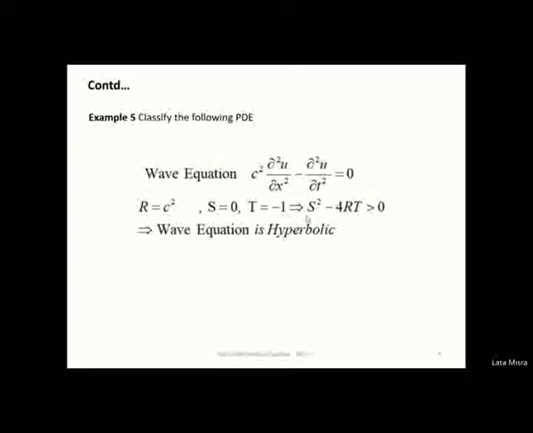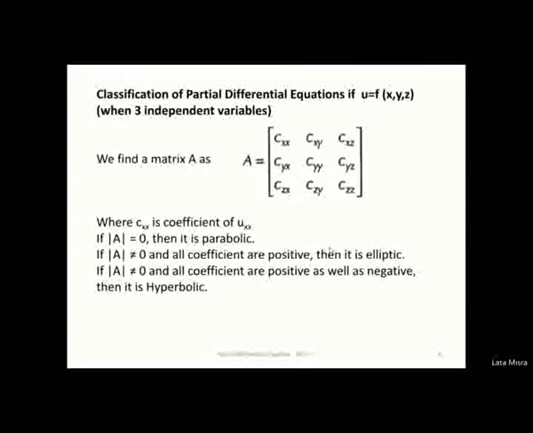When we use r, s, t in s squared minus 4rt, we get 4c squared, that is greater than 0, and when s squared minus 4rt is greater than 0, the equation is hyperbolic. Now we can classify the partial differential equation of two independent variables.